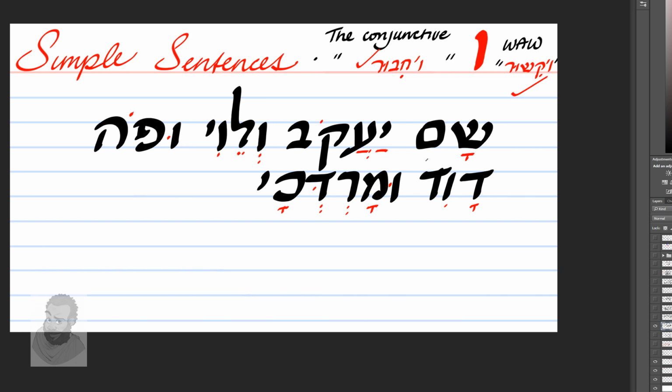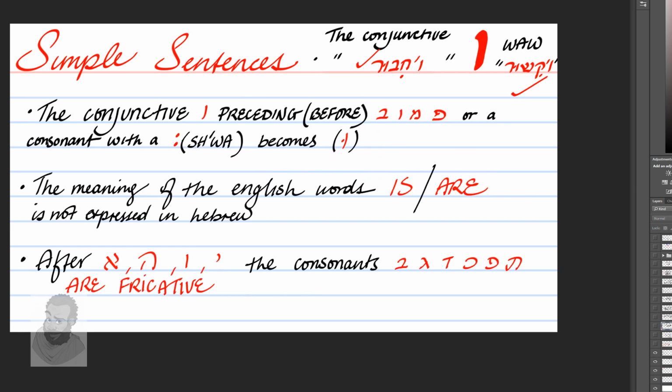Now remember, because of this rule here, let's go back to our rule. After an aleph, a he, a waw, a yod, the consonants beth, gimel, daleth, kaf, pe, and tau are fricative. So this is no longer beth but veth, no longer gimel but rimel, no longer daleth but zaleth, no longer kaf but chaf, no longer pe but fe, no longer tau but thou.